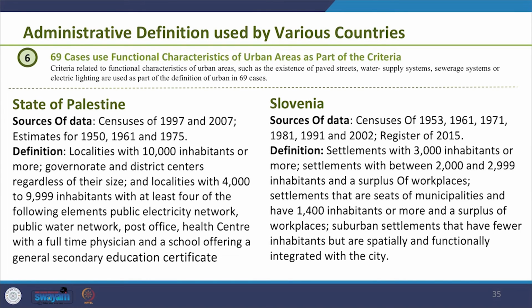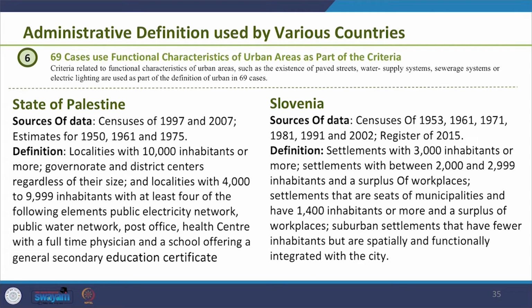We also see here in the State of Palestine, they identify with functional characteristics: public electricity network, public water network, post office, health center with full-time physicians, and a school offering a general secondary education certificate. So, we see what kind of functional characteristics urban areas provide. That's how they define the urban areas.